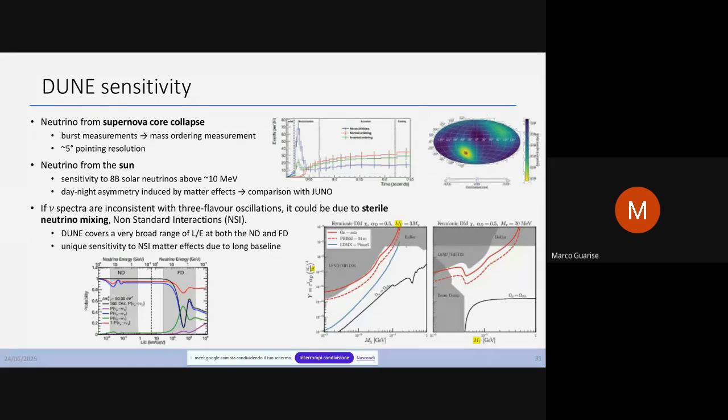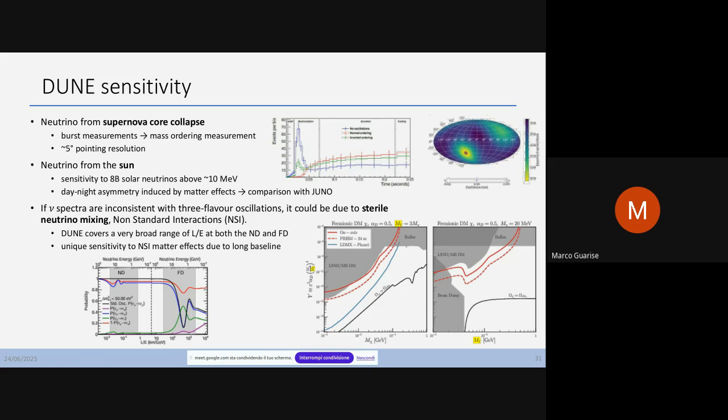But let's hope for a good pointing resolution, as you can see here, and from this we can also give a hint on the mass hierarchy, since the time behavior of the neutrino burst is different depending on the hierarchy of the neutrinos.